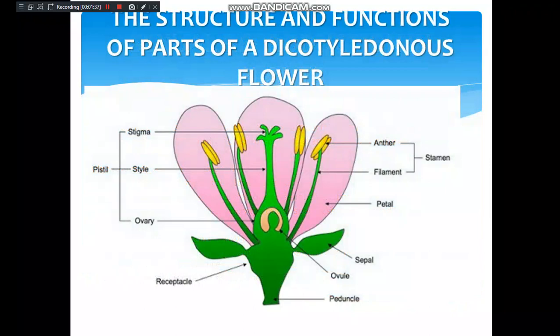The structure and functions of parts of a dicotyledonous flower, as you can see them: we have the stigma, the style, and then the ovary, and inside the ovary there are ovules. That makes the female part of the flower, which we call the pistil.